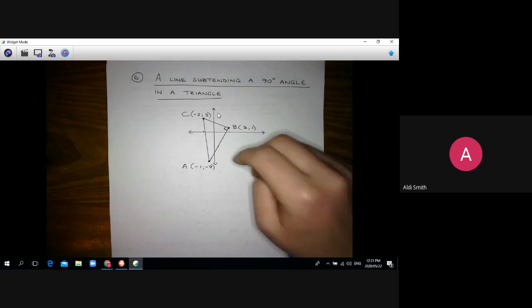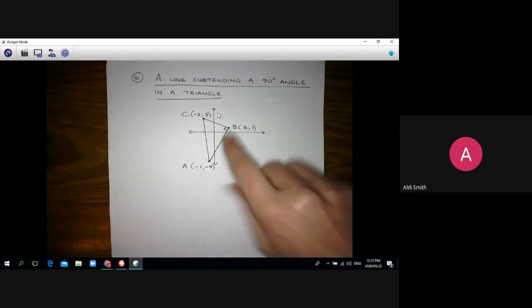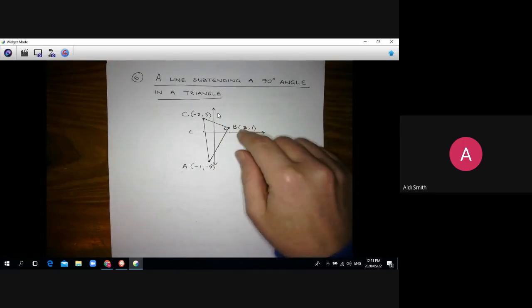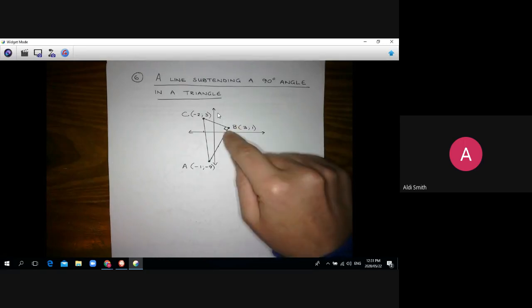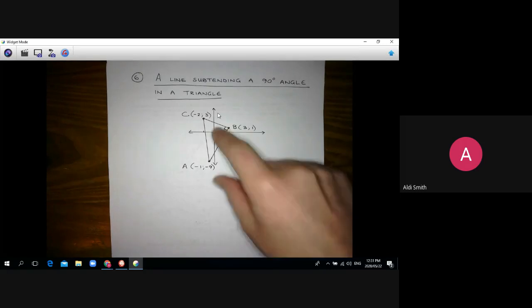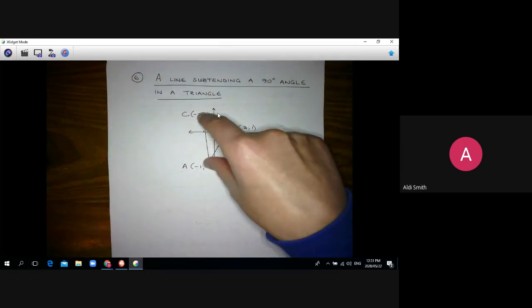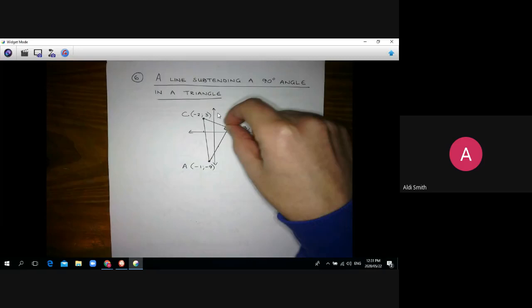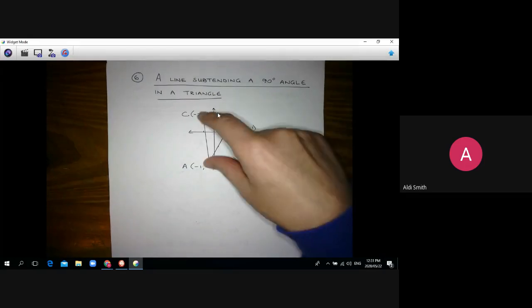I just decided to save some time and show you it's perpendicular. But if they ask you to prove it's perpendicular, you'll just work out the gradients and multiply, and you'll find it's perpendicular. Now, this is incredibly important for circles, because any line that subtends a 90-degree angle on the circumference of a circle is the diameter of the circle.